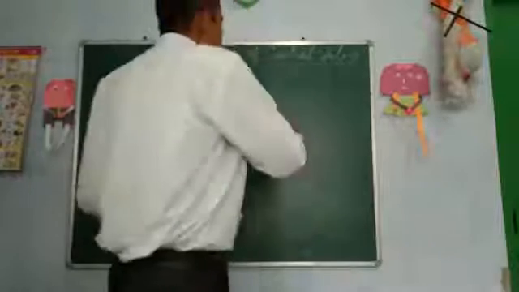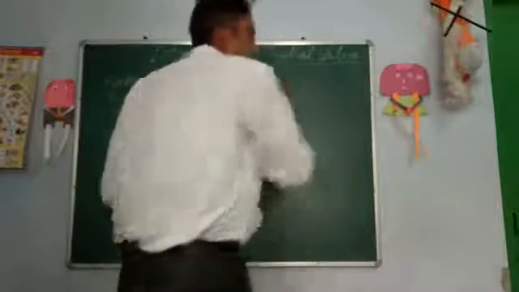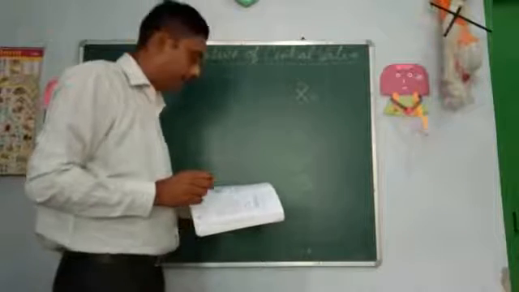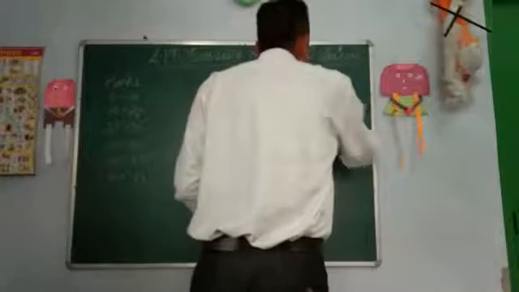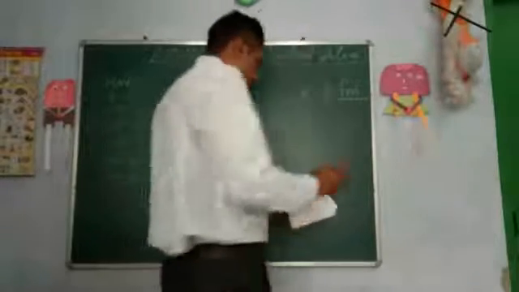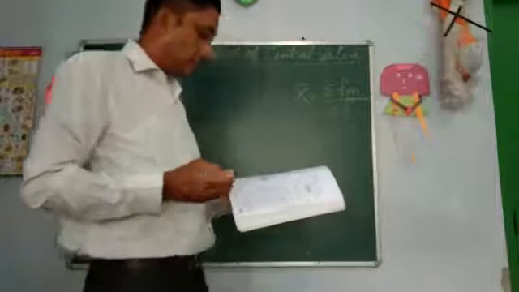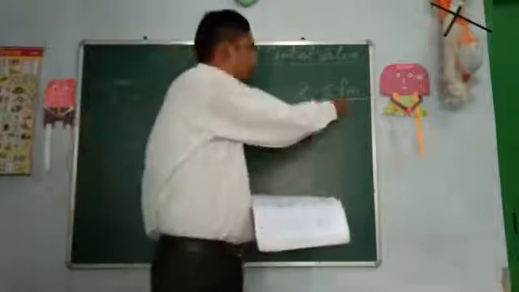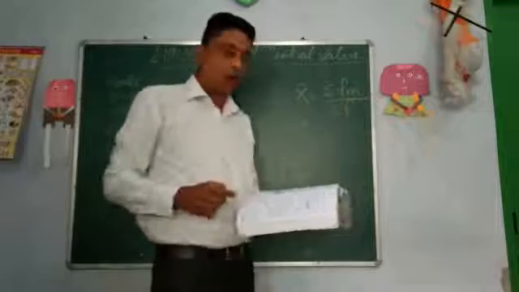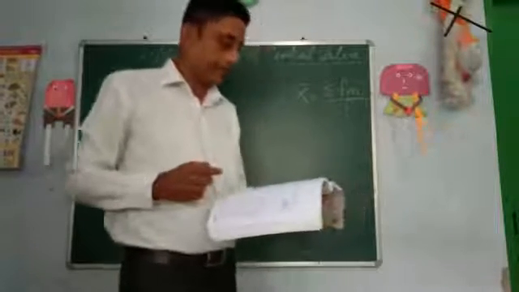Direct method is: x bar, which represents the mean value, that is arithmetic mean, is equal to sum of fm divided by sum of f. Here m is the mid value of various classes, f is the frequency of each class, and sum of f is total frequency.